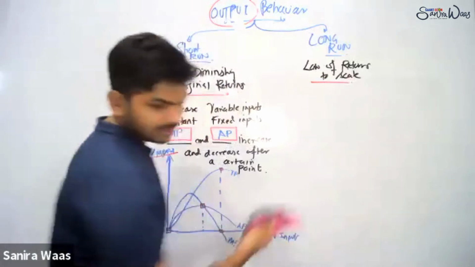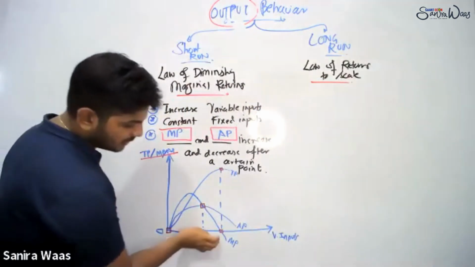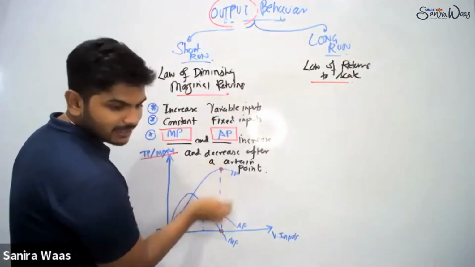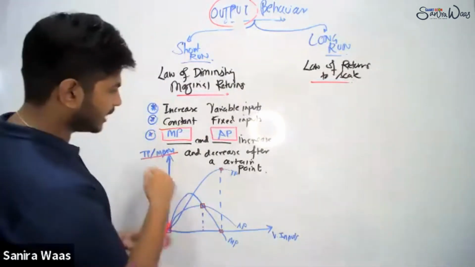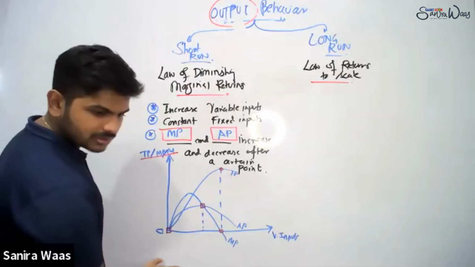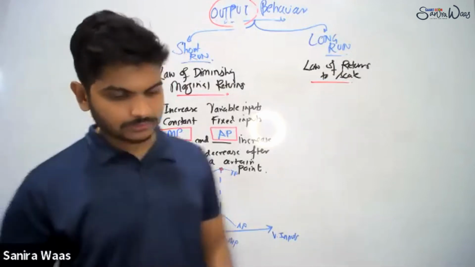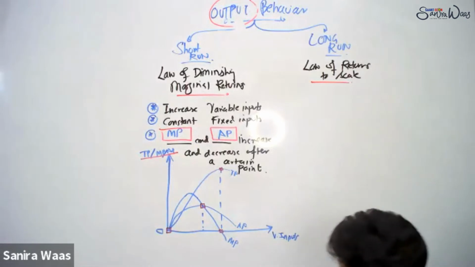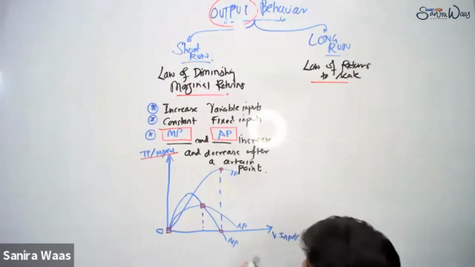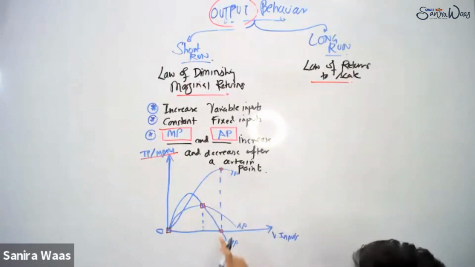Right? These are the key points. What are the key points? First one, TP gets maximized when MP becomes 0. Next one, you can even write this also. Can you see? Yeah, write it for your better understanding. The most important point: your TP is maximized, MP becomes 0.